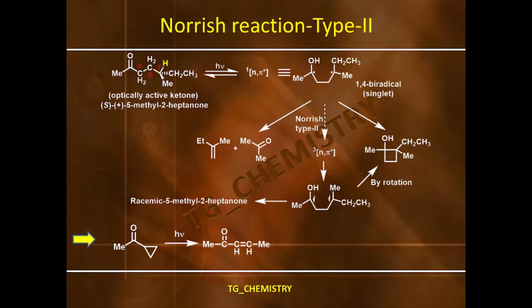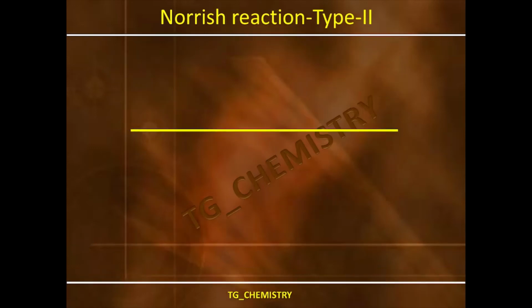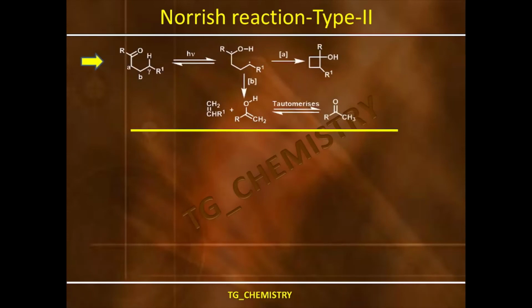a cyclopropanyl carbonyl compound. Upon direct photoirradiation it will eventually form the alpha,beta-unsaturated ketone compound as the major product, and this will follow the Norrish Type 2 reaction. Here is another example: the carbonyl compound on direct photochemical reaction will form the 1,4-biradical, which upon recombination can form the cyclobutanol as the product, or in the other case, radical scission, the adjacent sigma bond breakage.